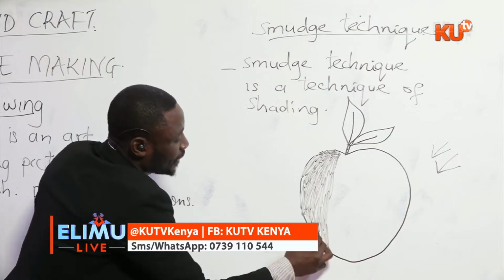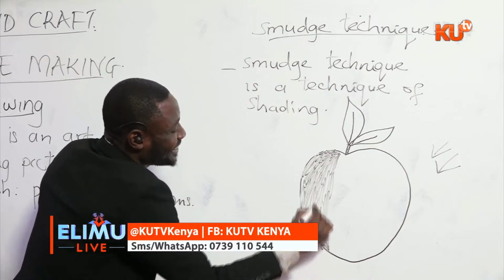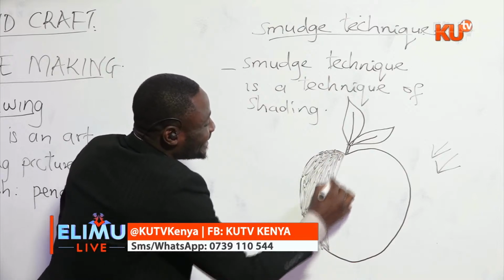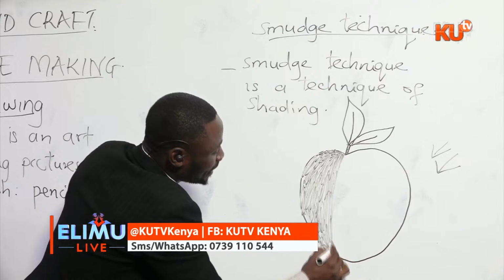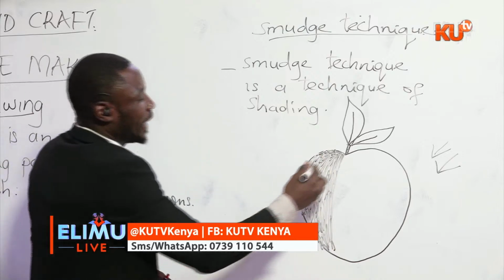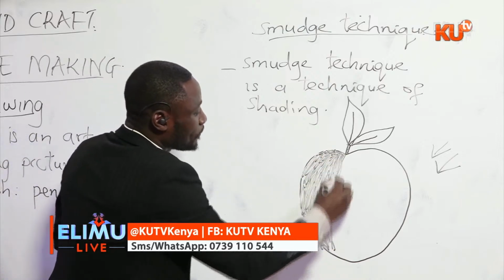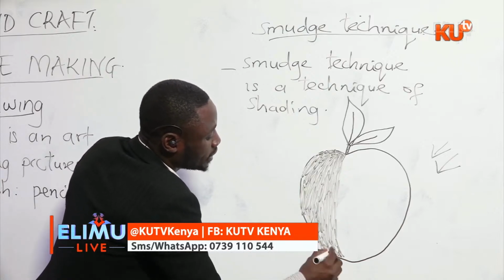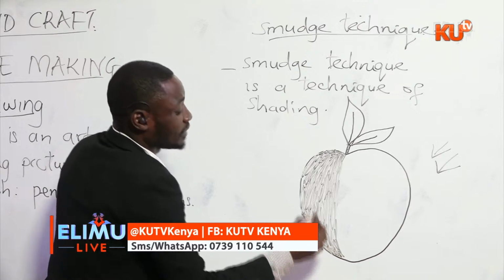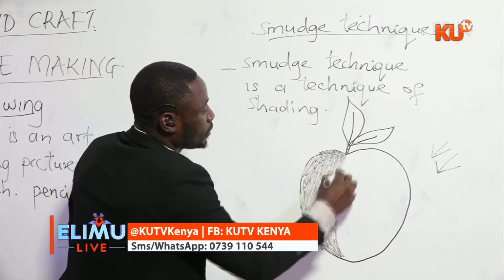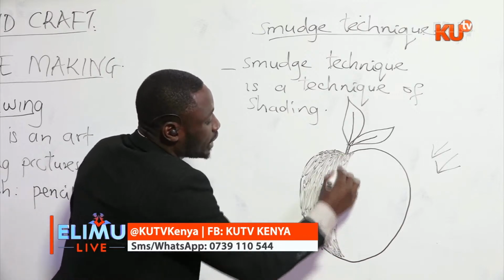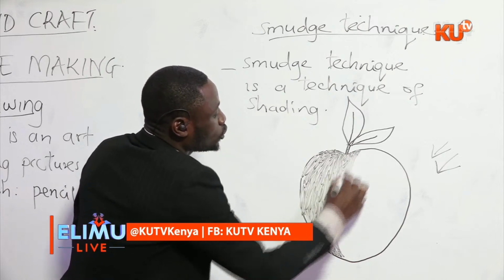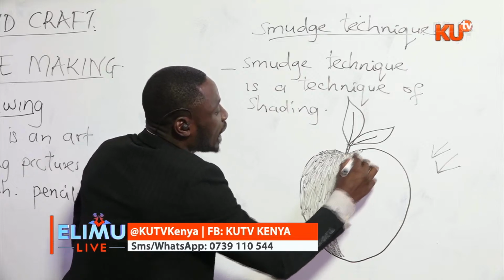And like I said earlier, my pineapple, I chose the left hand side to be darker, because that is where there is no light, or there is less light. This other side that has more light will have less shade.